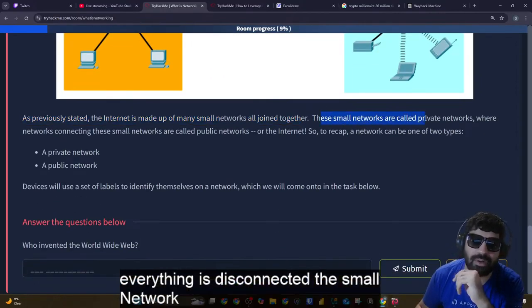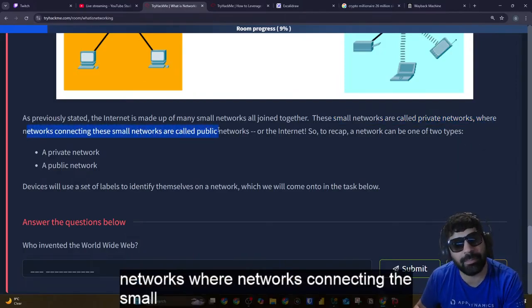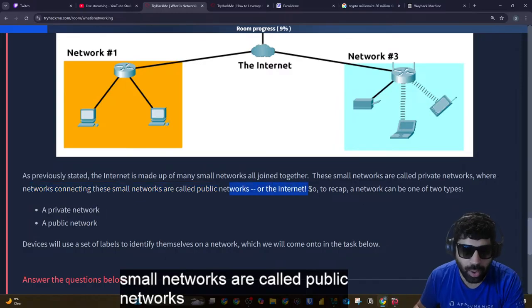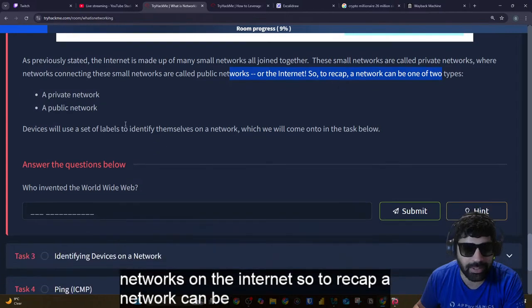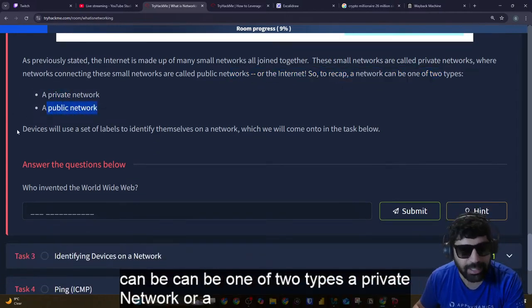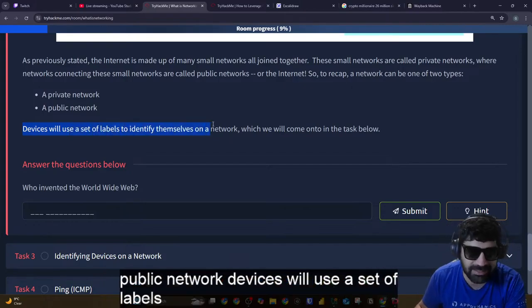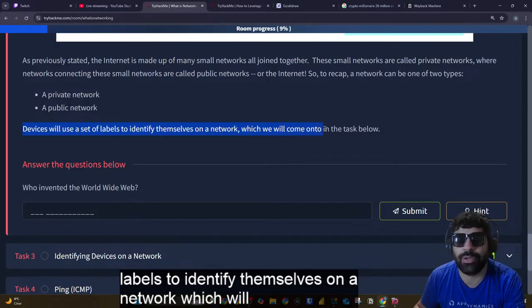These small networks are called private networks, where networks connecting these small networks are called public networks or the internet. So to recap, a network can be one of two types: a private network or a public network. Devices will use a set of labels to identify themselves on a network, which we will come onto in the task below.